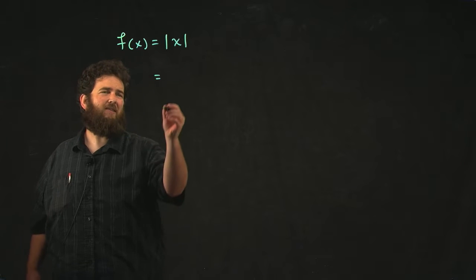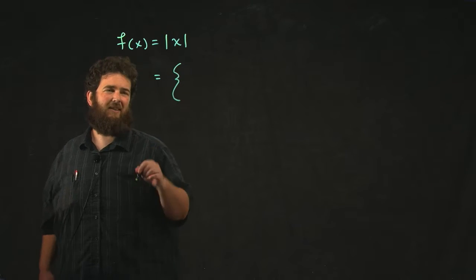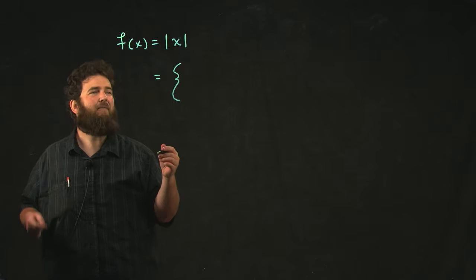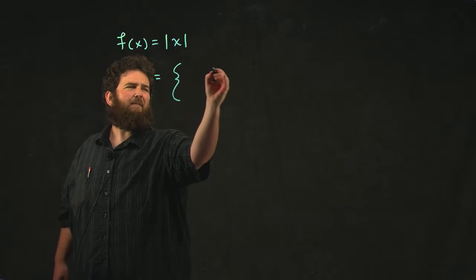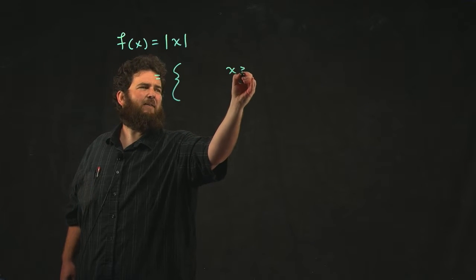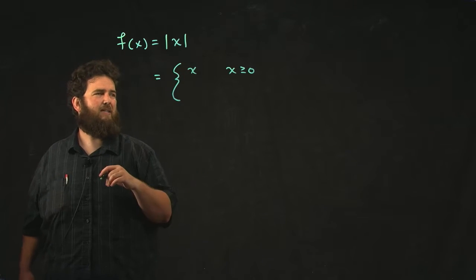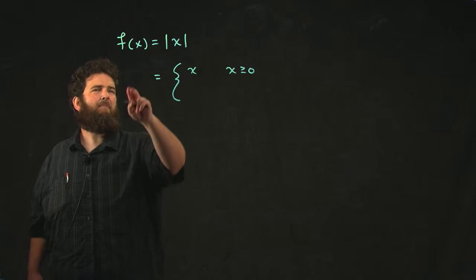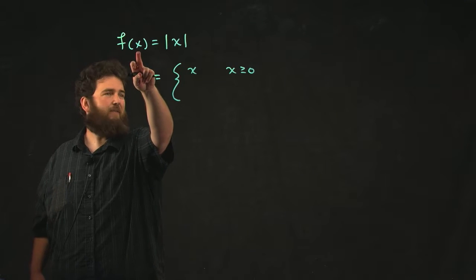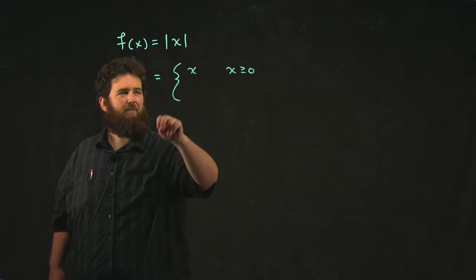There are 2 pieces, and we could think of this as a piecewise defined function, where if x is greater than or equal to 0, we just say it's x. The absolute value of 3 is 3, right?